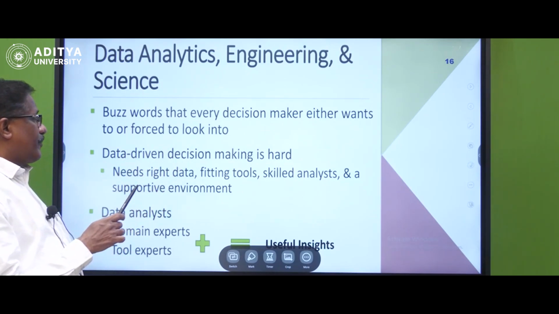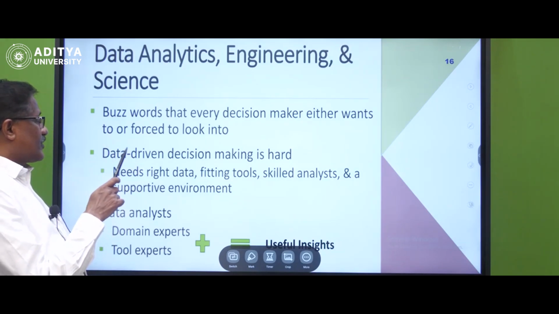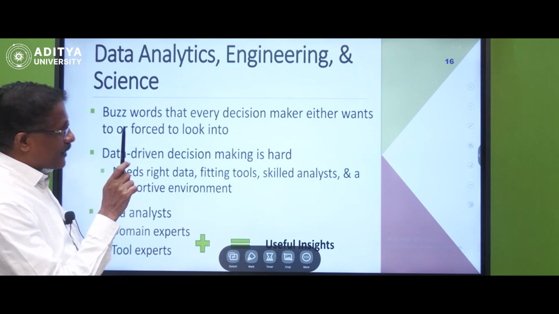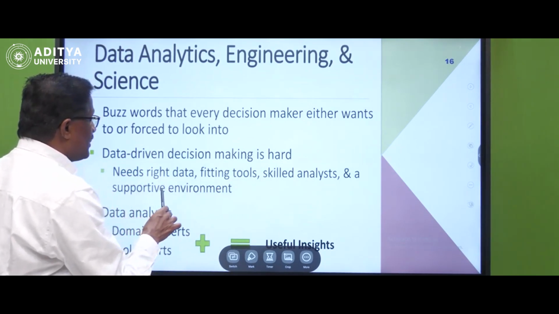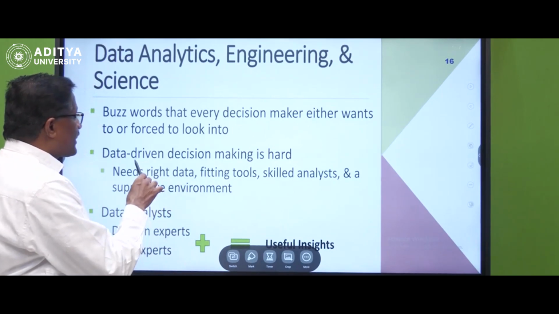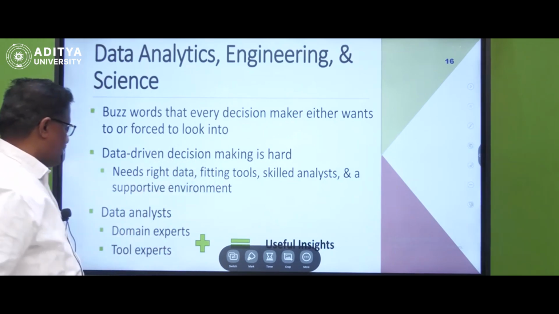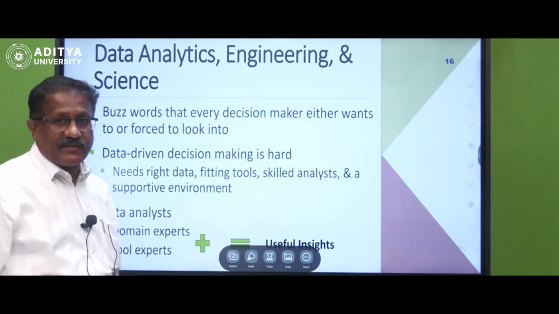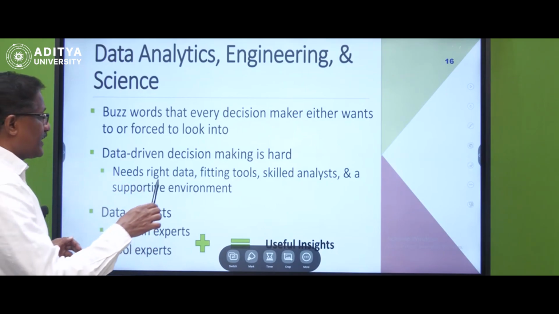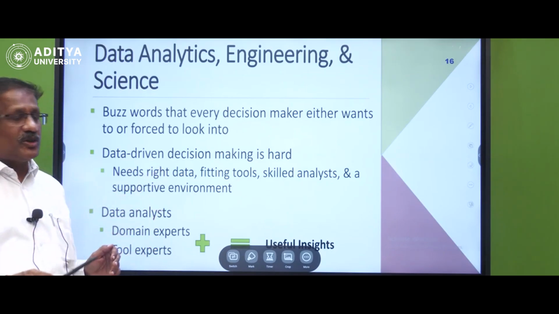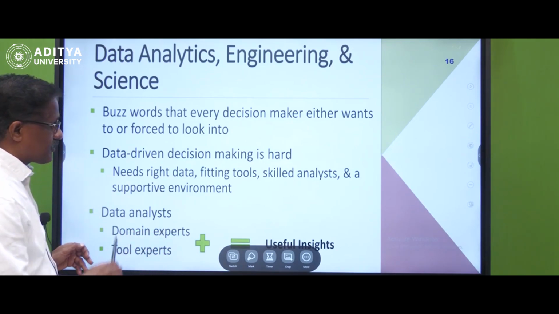Once you take the right data, the right data fitting with the proper tools, skilled analysts, all these play a very important role, and with a supporting environment any business can make data driven decisions. And once the data is available and the environment suits, fitting with the various methods and tools, then you can go for the data analyst with domain experts and tool experts.